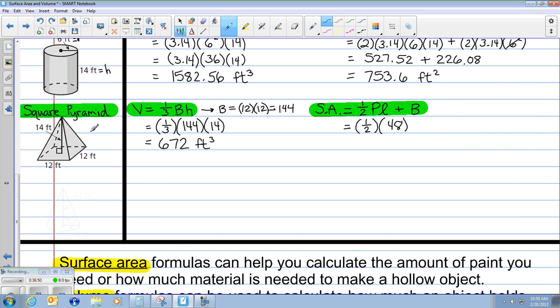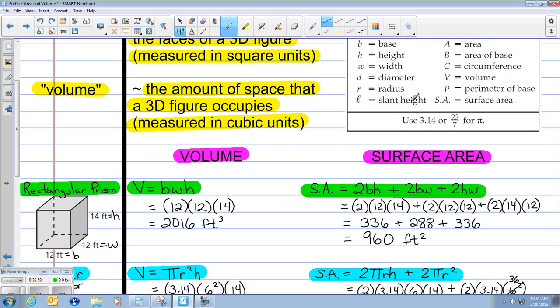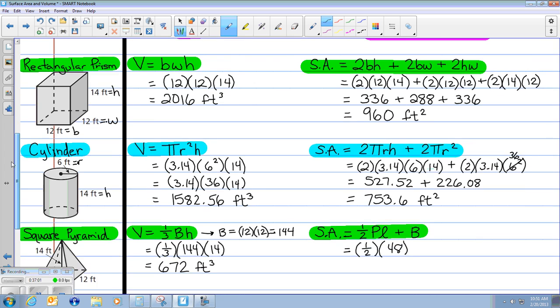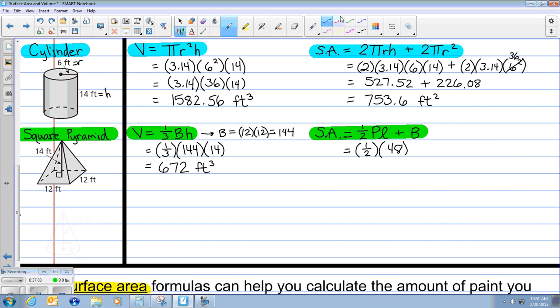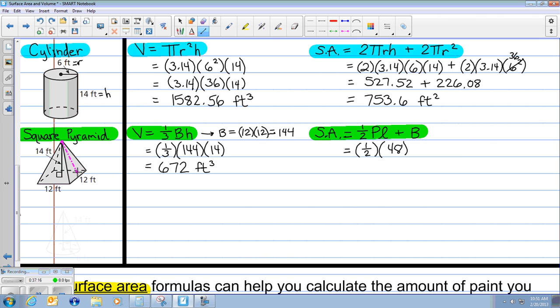Now, they have not given us L. If you look at the key, L is the slant height. Okay, it shows it right here. The slant height is the distance from the apex to the base running along the center of one of the sides.